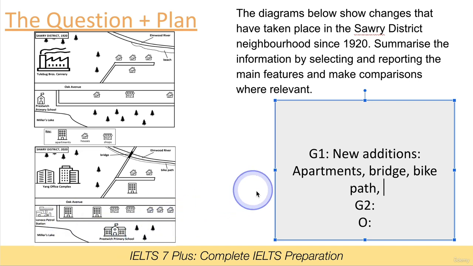So I guess we can talk about this. Maybe we could talk about the school in this situation because it's changed here. We'll mention it in this one. I don't think it matters too much. Okay, so new additions. Then we have changes.